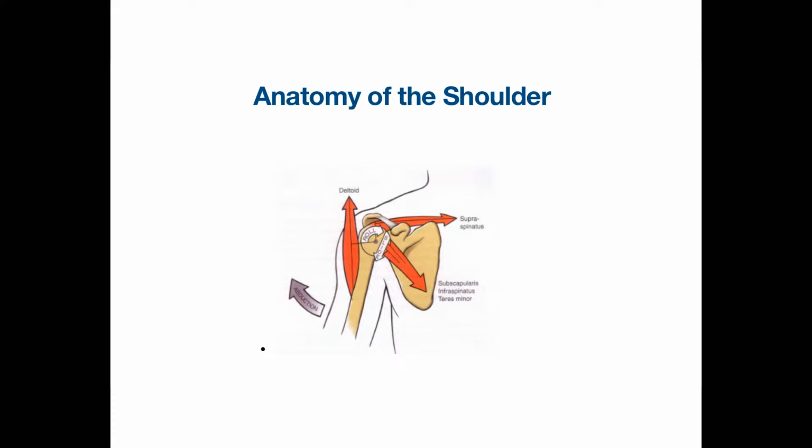And then that allows the deltoid to help lift the arm. So if the rotator cuff is not holding the joint, the head will slide upward, creating secondary impingement or pain in the shoulder. So this is important in understanding how a rotator cuff tear will affect the motions about the shoulder. It's a little bit complicated at first, but it'll make more sense as we go along.